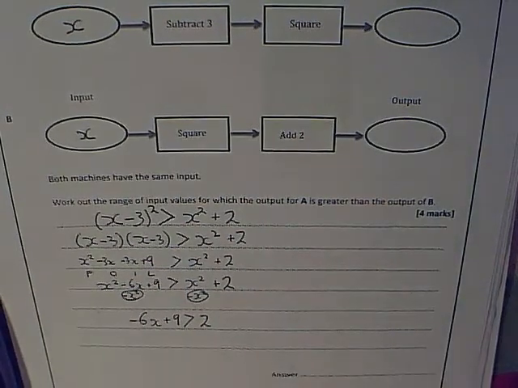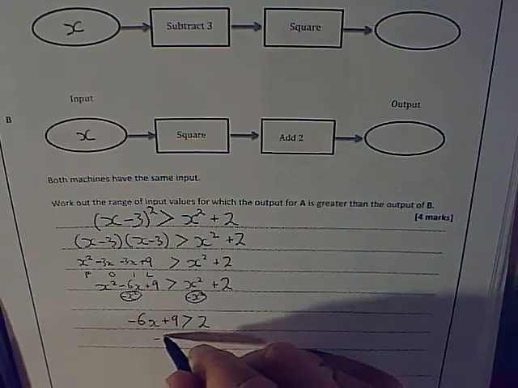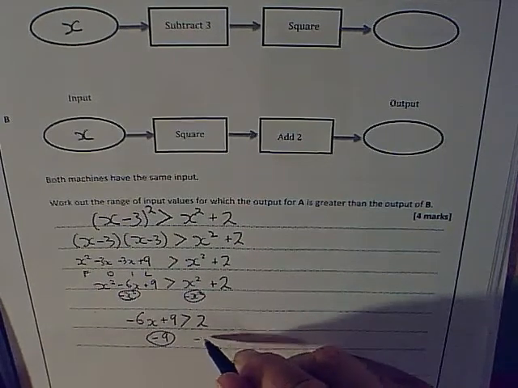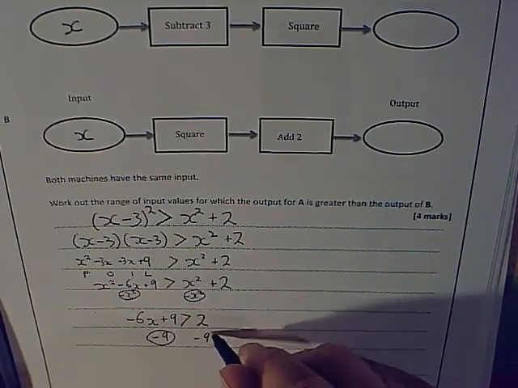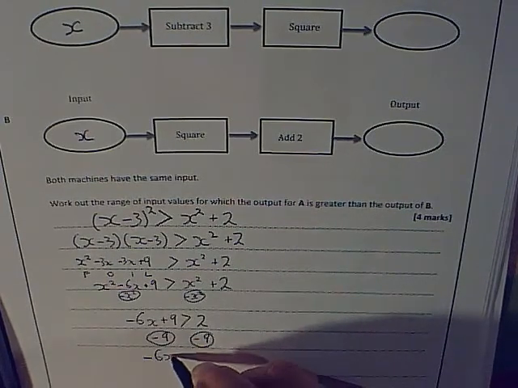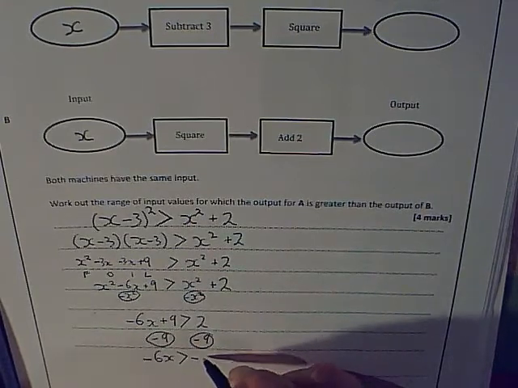When would minus 6x plus 9 be greater than 2? Before I carry on, let's take away 9 from both sides so I isolate the x's on one side. That gives me minus 6x greater than minus 7.